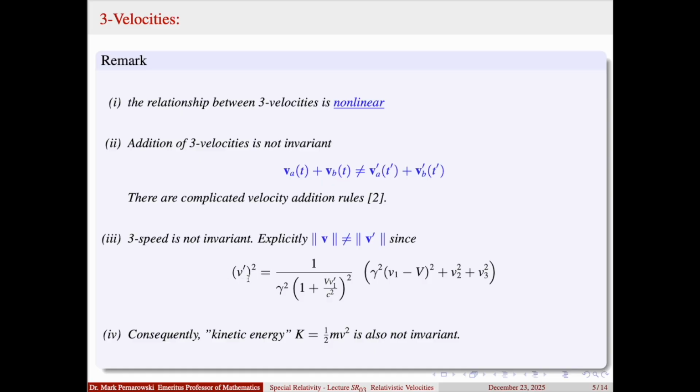If I wanted 1/2 mv squared in k prime, that in no way is going to be equal to 1/2 mv squared in the k frame. So what this means is that the relationship between three velocities is hard. Velocities don't add, speeds are different, and as a consequence, kinetic energy cannot be defined that way. Classical kinetic energy is no longer relativistic kinetic energy.